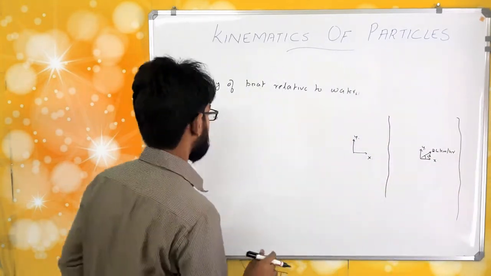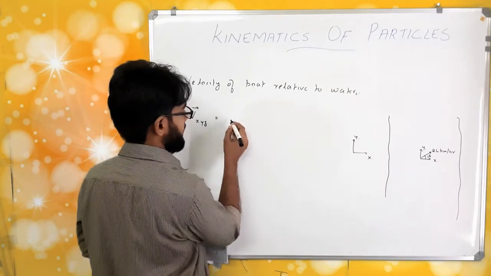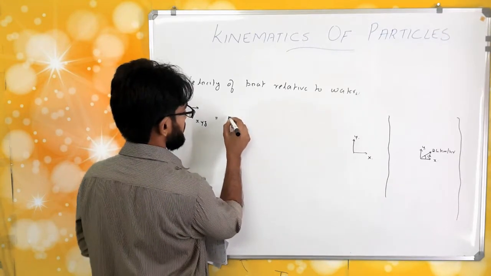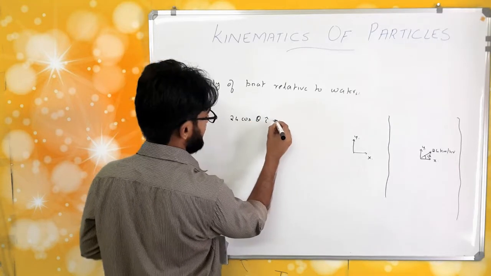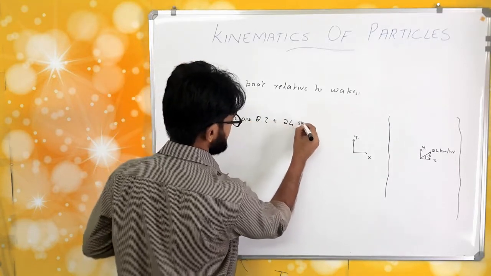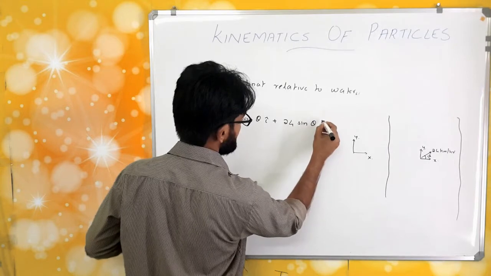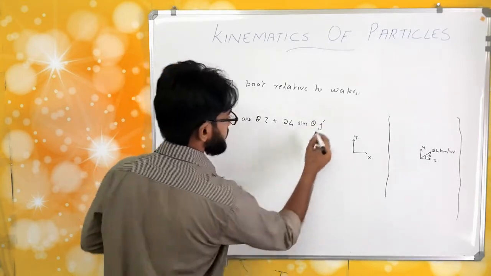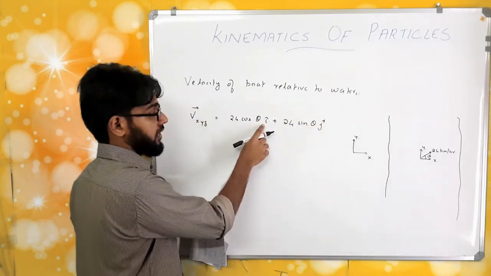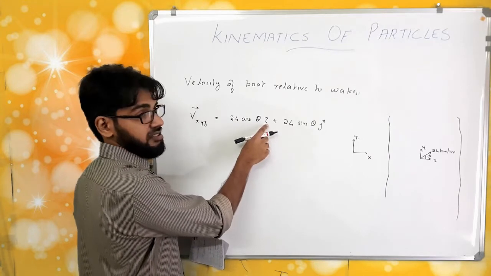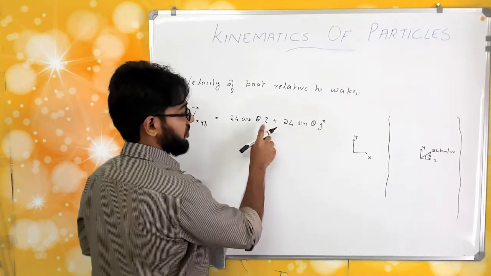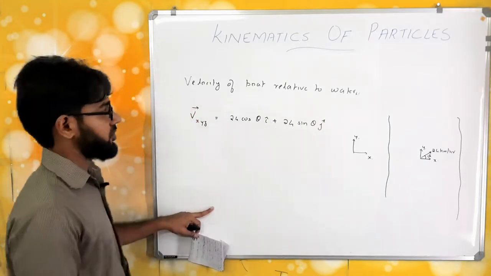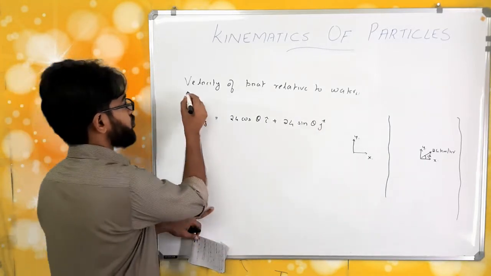So I can write this in terms of vector as 24 cos theta into i cap plus 24 sin theta into j cap. Now here remember one thing, i and i dash are same, so I am representing here in terms of i and j instead of i dash and j dash. This is the first one.